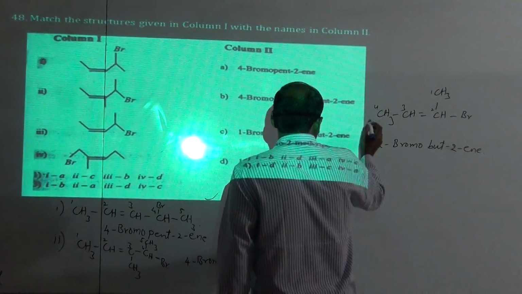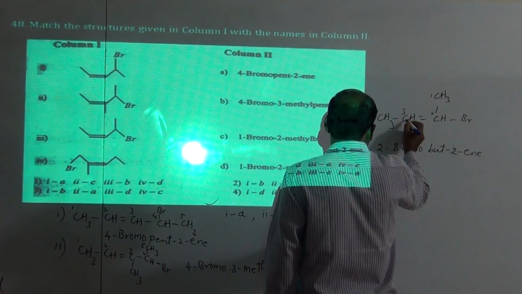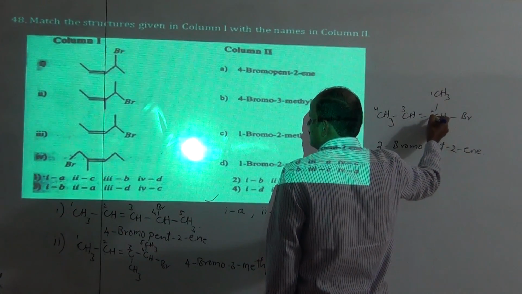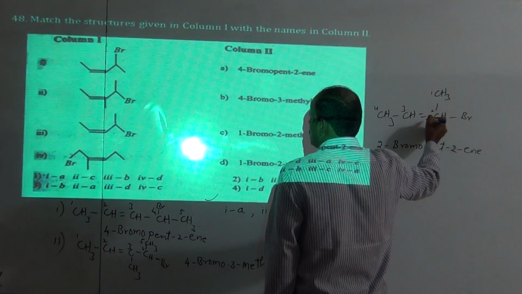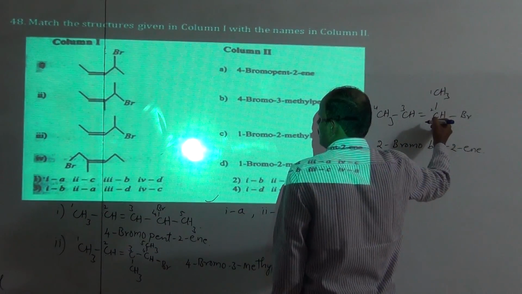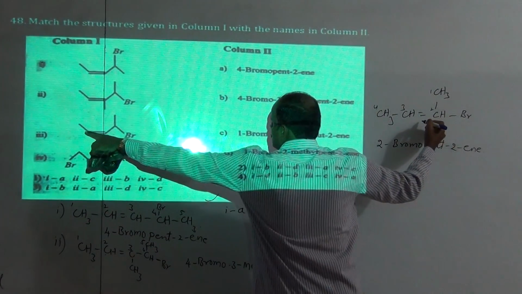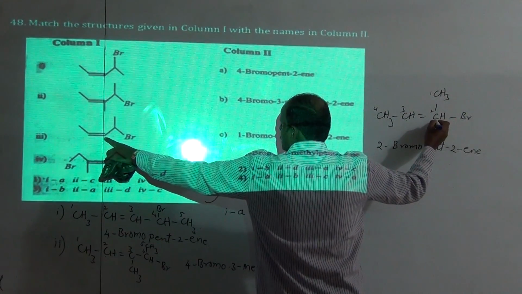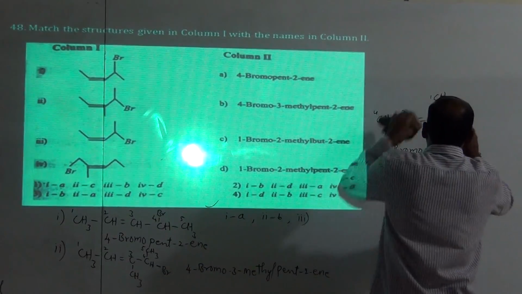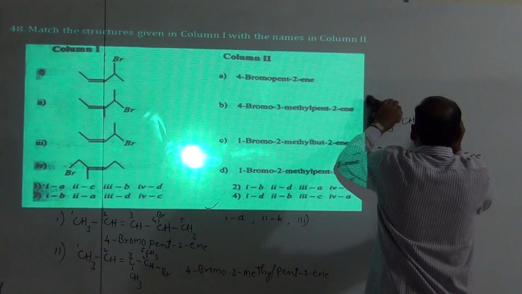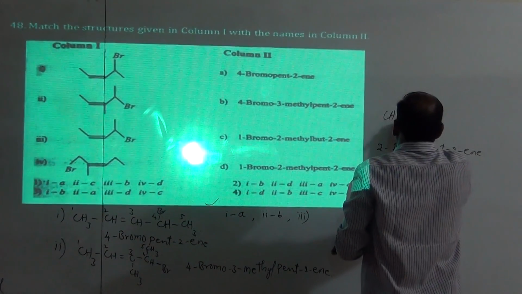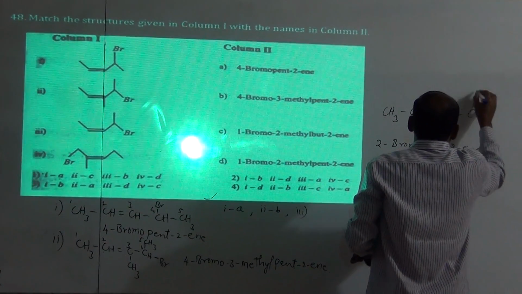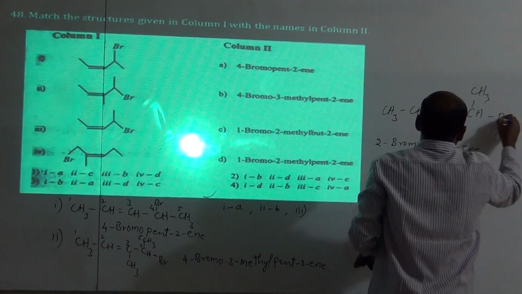because here if you give the numbering from this side, the second carbon gets the double bond, and from this side also the second carbon gets it. Next, to this one more carbon is there: CH3, CH double bond CH, CH, CH3, Br.